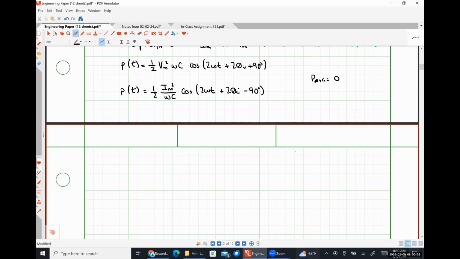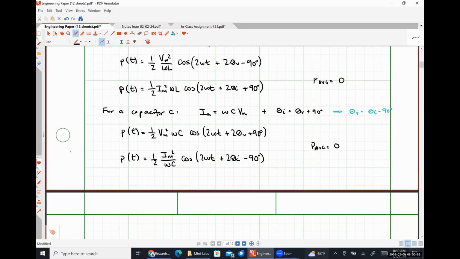Same thing for capacitors, right? We just throw the j bit away and we're left with a magnitude of 1 over omega C. 1 over omega C is why we have the omega C in the numerator effectively for the voltage relationship. All of these relationships are effectively 1/2 voltage or current squared, and then we are multiplying the current by the magnitude of the impedance or dividing the voltage squared by the magnitude of the impedance.